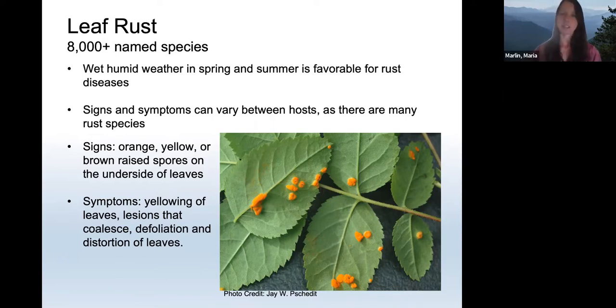Now, depending on the host, you're going to have different signs and symptoms, but the vast majority of rusts are going to produce little orange spots on the bottom of the leaves. These are just spots, and they contain massive amounts of spores.